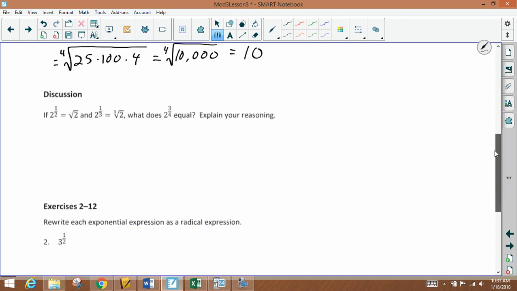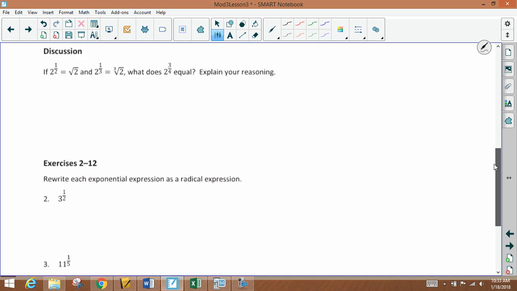So, don't know why this is a big discussion. We're going to use our property that says, remember that if I have the nth root of a to the m, that's the same thing as a to the m over n. So in this case, that right there is m. Our denominator here is n, and that's a, right? And we can just plug them all into this thing. So that becomes, okay, n is 4, so we put the 4 there.